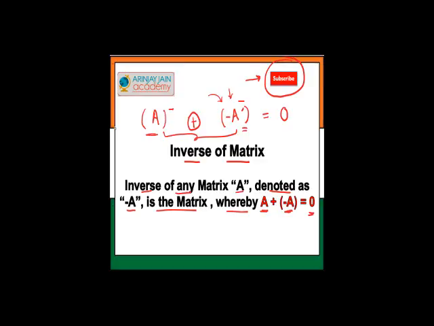Let's take an example to prove this point. In this particular problem, you're told that A is equal to the matrix 3, minus 2, 0, minus 5, 7, and square root of 2.